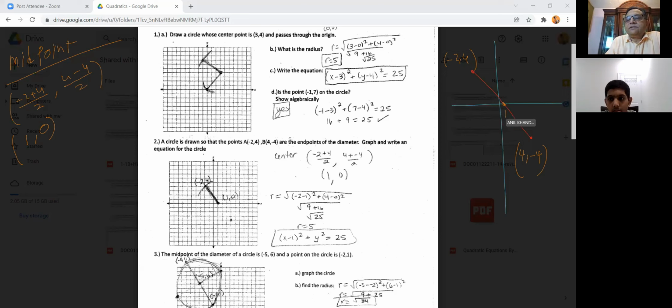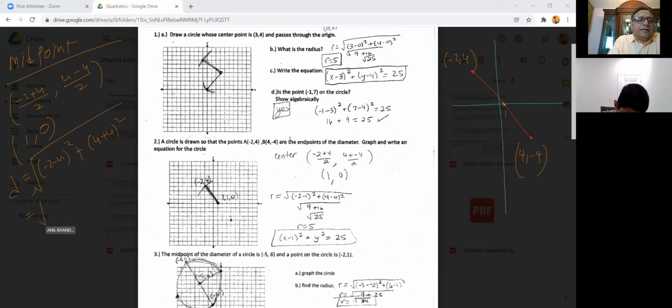Now we have to find the radius. And the radius you can find as half of the distance, right? So let's use the distance formula and then divide by 2 later. Distance formula: the x value difference, (-2 - 4) whole square, plus the y difference, 4 minus minus becomes plus 4, whole square, square root. Calculate the answer.